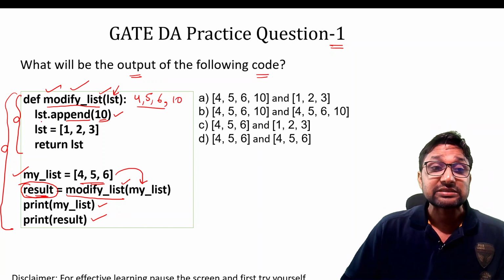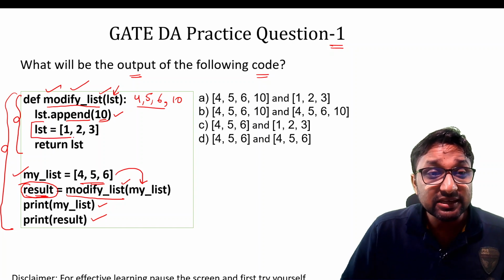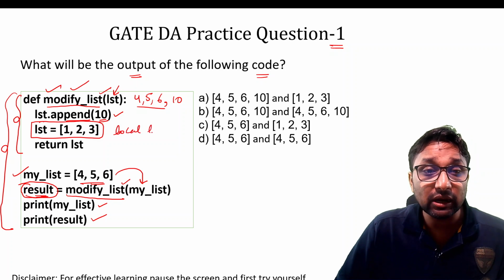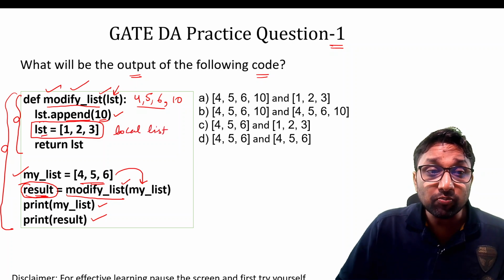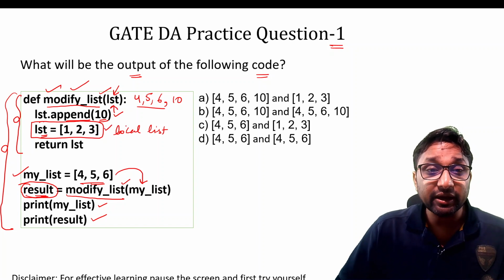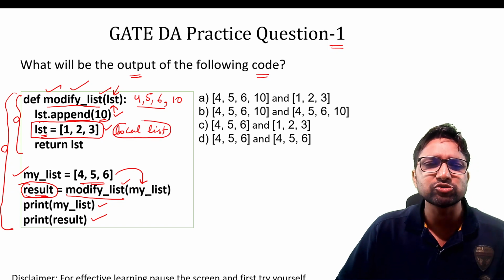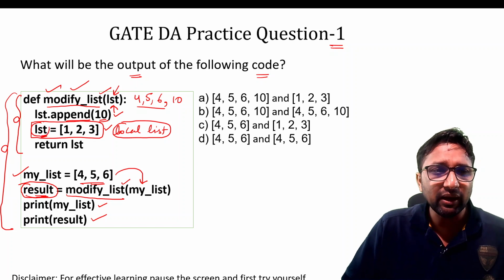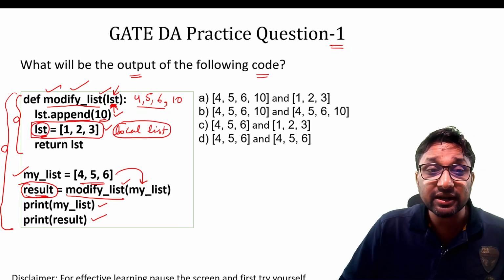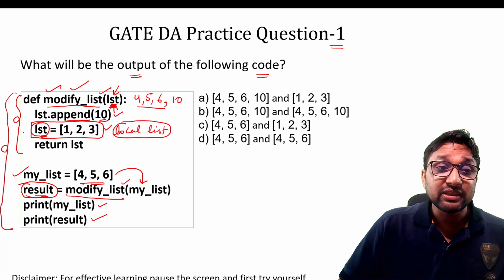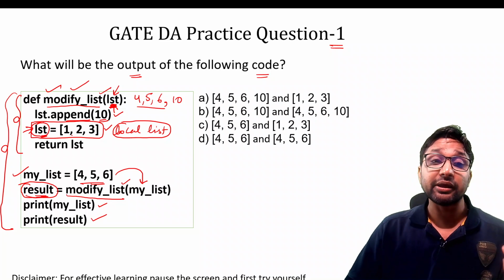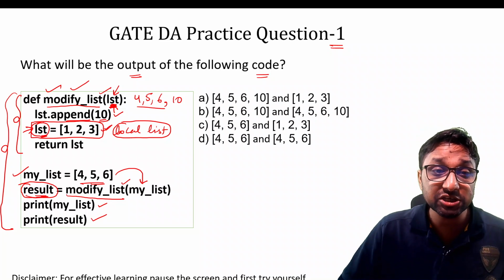After that, check out this statement. This is important. This statement will actually create a local list, so we are not modifying the list which we received. We are creating a new local list over here. In Python, whenever we define a list or any variable with the same name as the one we are receiving, a new list or a new variable is created.